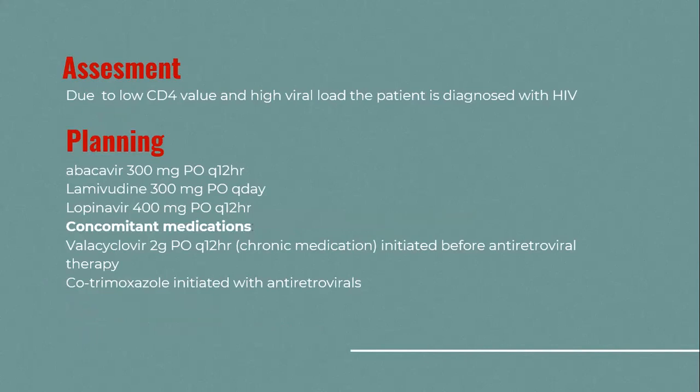The patient has been taking some medication from before because he had a history of herpes and syphilis, and that drug includes valacyclovir, 2 grams per oral every 12 hours. He has also been given trimethoprim-sulfamethoxazole, which is initiated with this treatment.